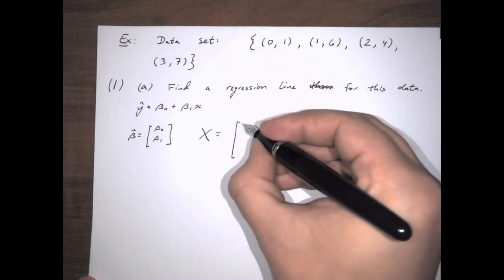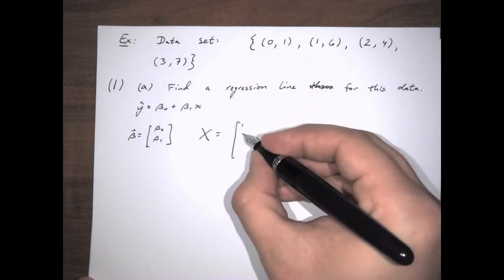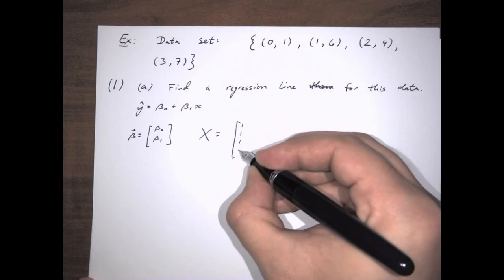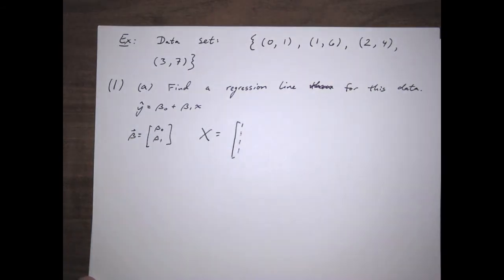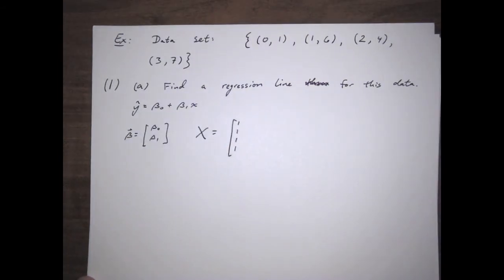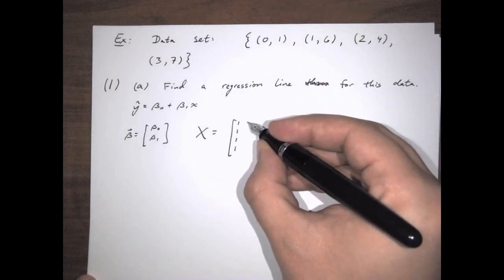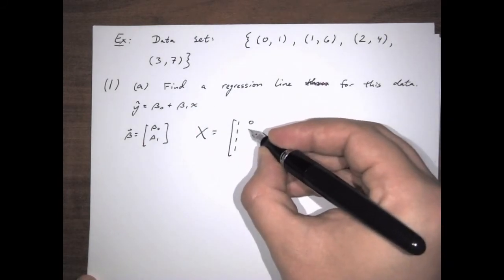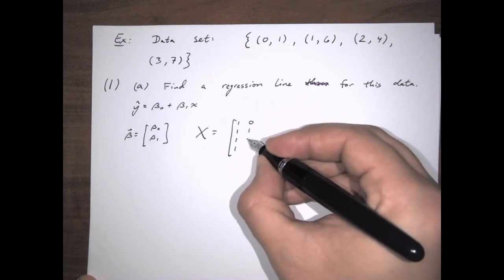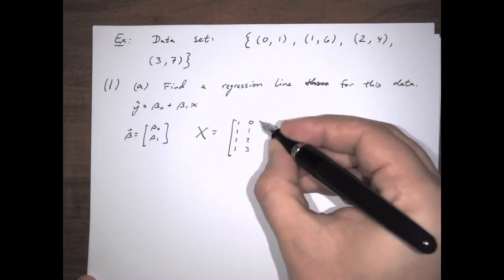Now the design matrix here is going to be the weights on each of the betas, and there are going to be 4 of them. So the very first weight on beta naught is going to be 1 because it's just a constant. And then for beta 1, it's going to be the corresponding x values: 0, 1, 2, and 3.